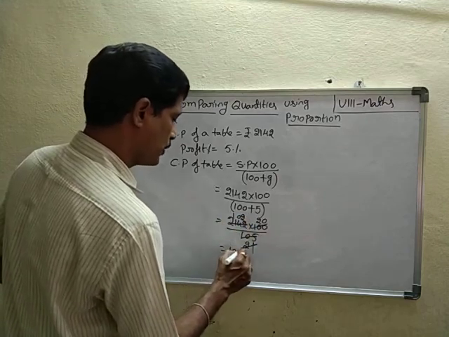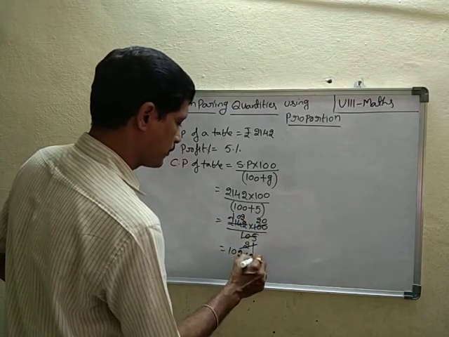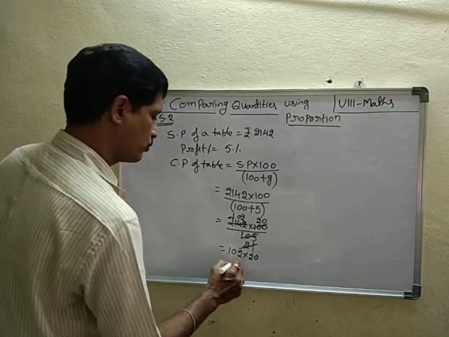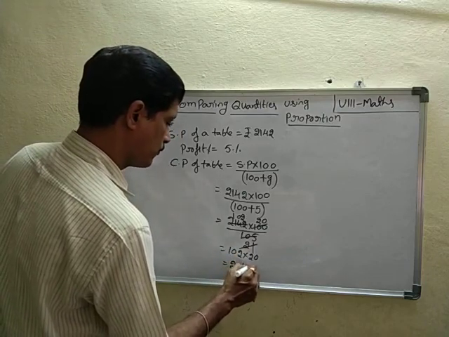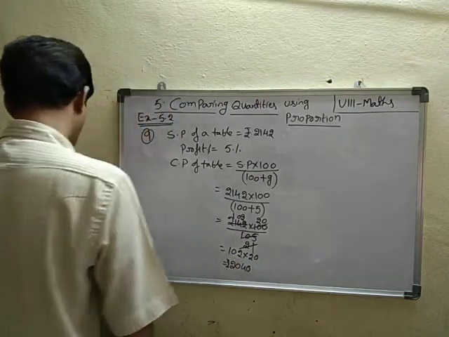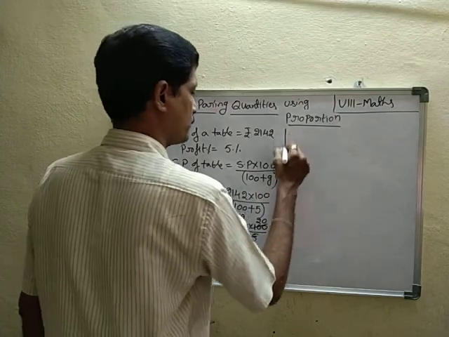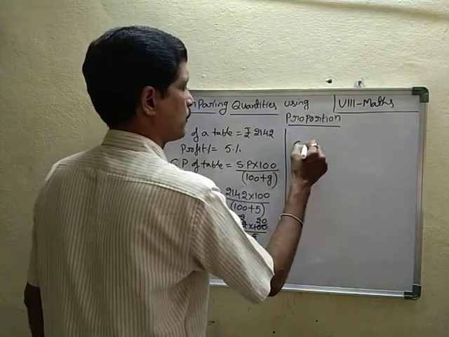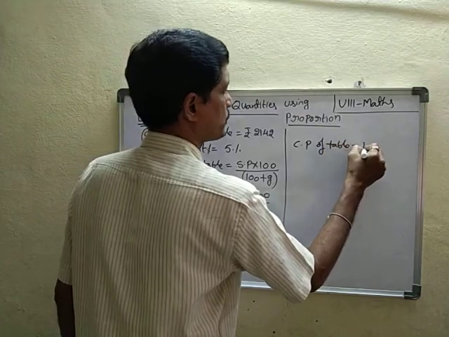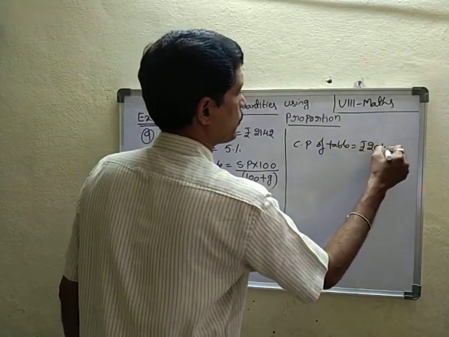Therefore 102 into 20 equals 2040 rupees. That is the cost price of the table, 2040 rupees.